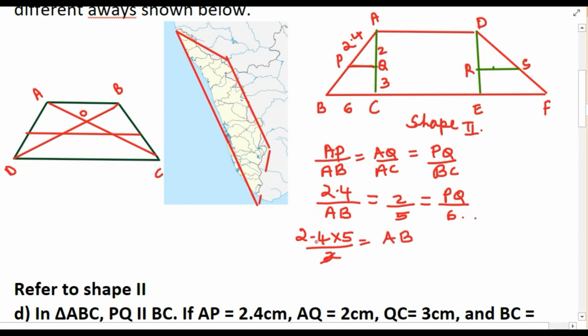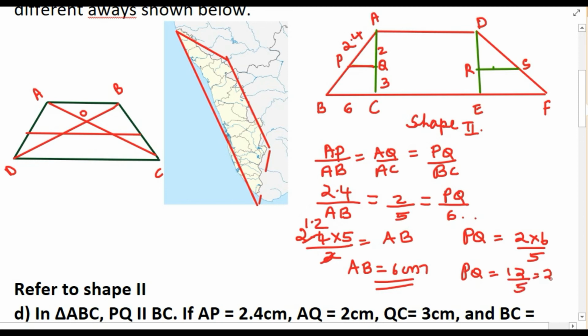So 1.2 into 5 is 6. AB is 6 centimeter. Again we need to find PQ. So PQ equals 2 into 6 divided by 5. So PQ is 12 by 5, which is equal to 2.4.